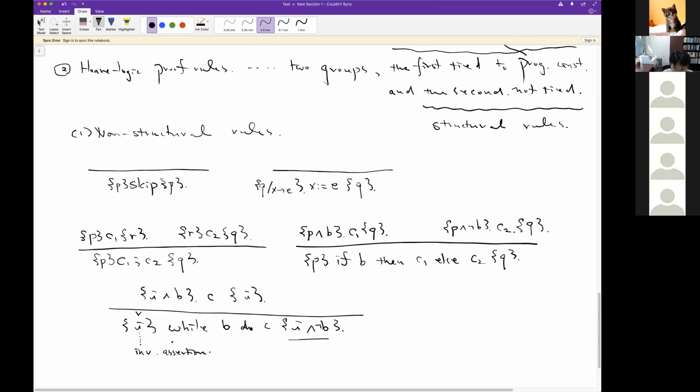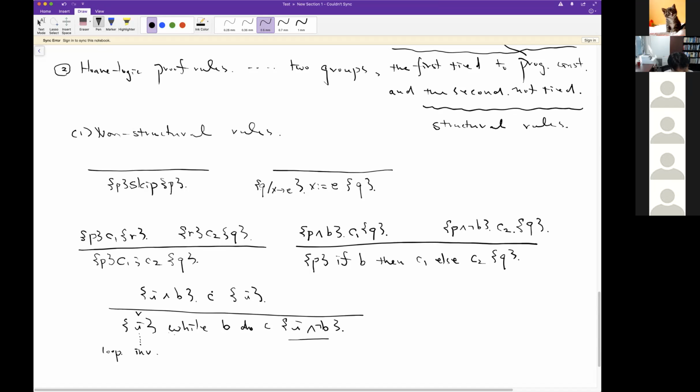So now for the proof, from the perspective of doing the proof, what this rule tells us is that to prove something about the while, we first identify the loop invariant. We have to identify the loop invariant. And then we have to show that it's actually a loop invariant, which means that the body, that's what this premise is telling us.